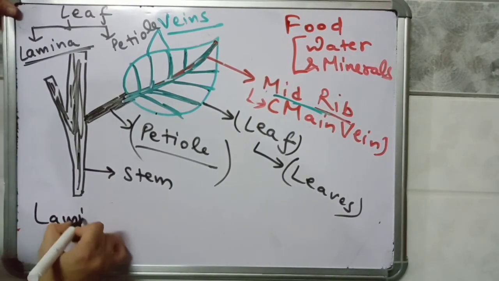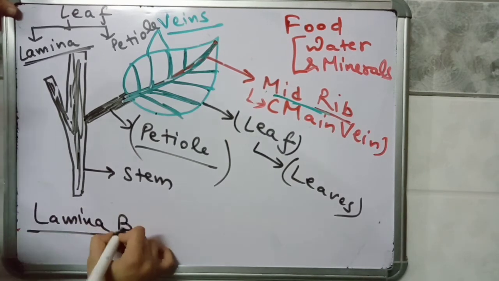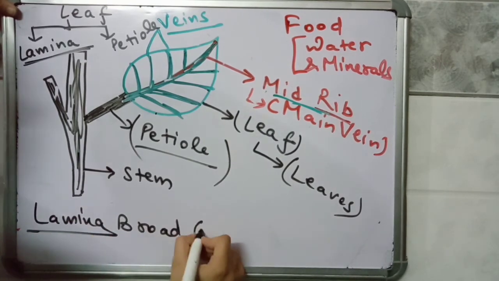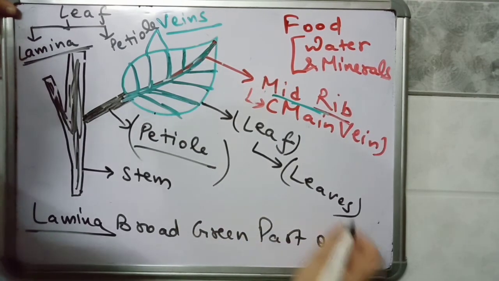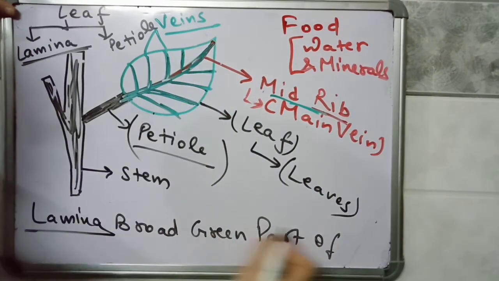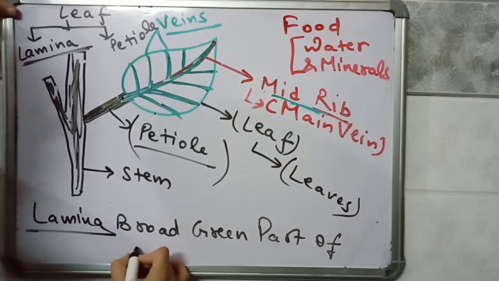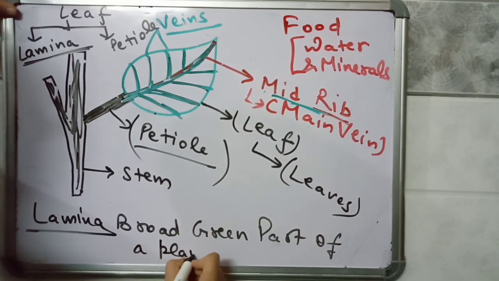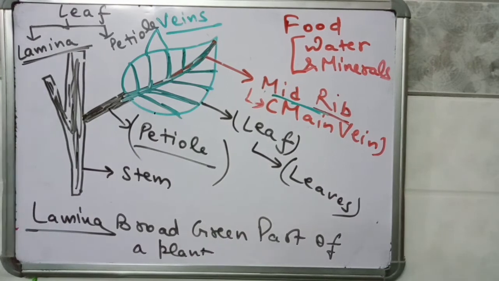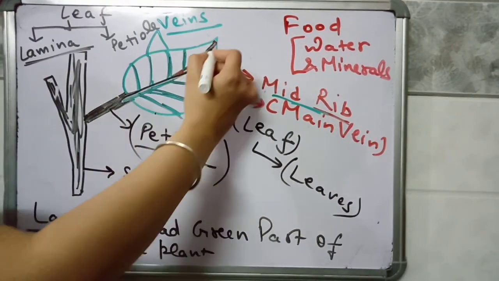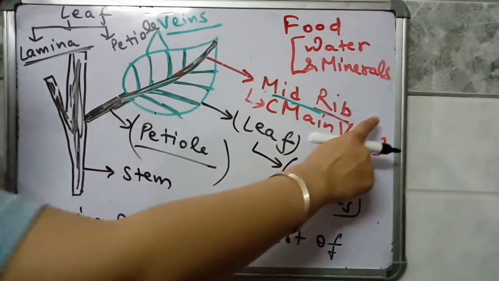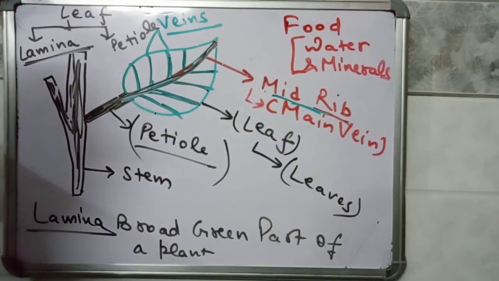The lamina is the broad green part of a plant. In the leaf there is a central line present which is named the midrib or main vein. What is its function?